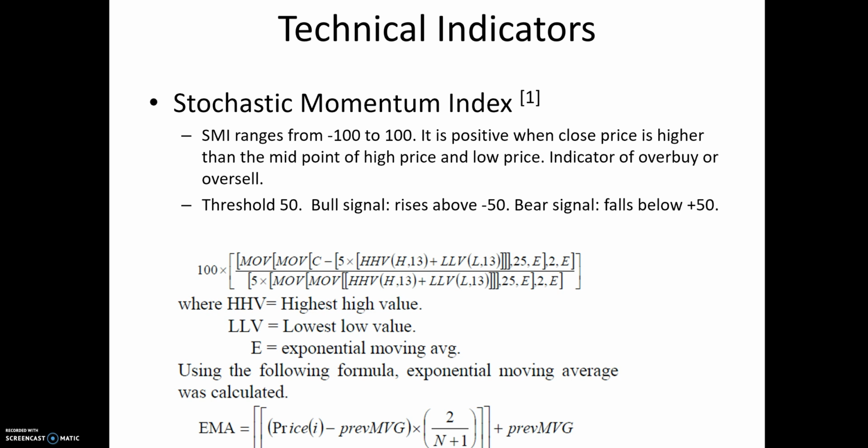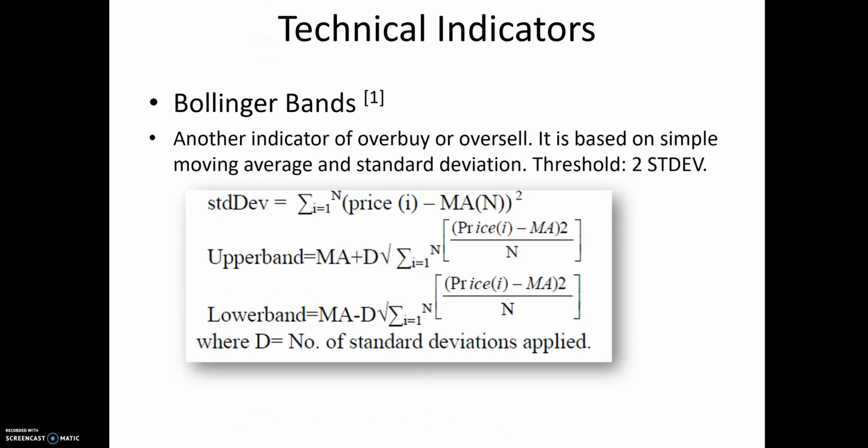Given that stock price is time series data, it makes sense to focus on more recent stock prices compared to aged data points. So I think that exponential moving average is better than simple moving average for stock price data. Okay, I'm going to move to the next one.